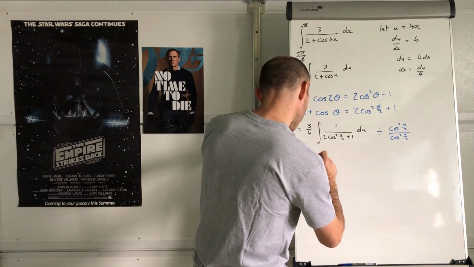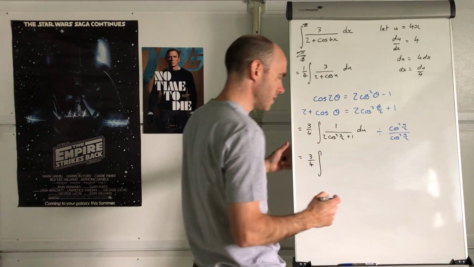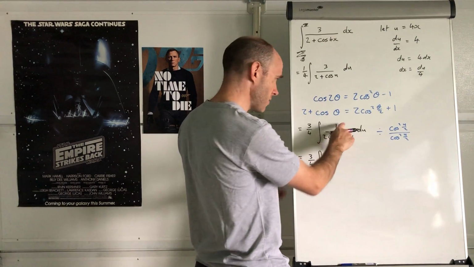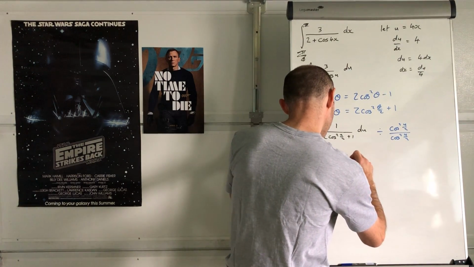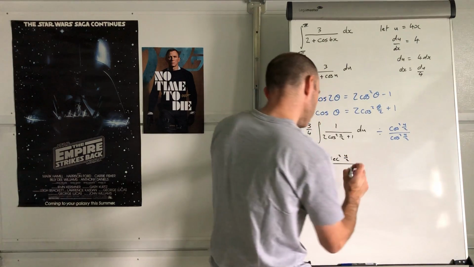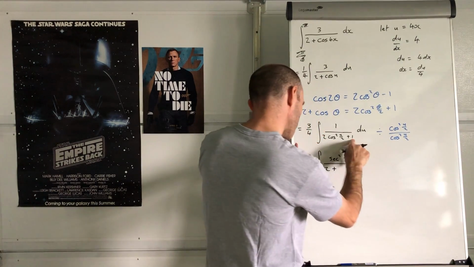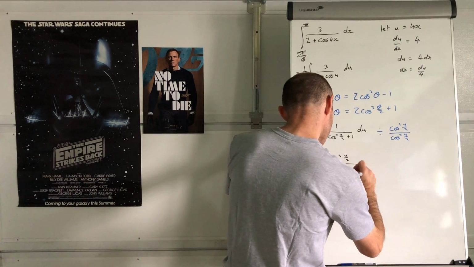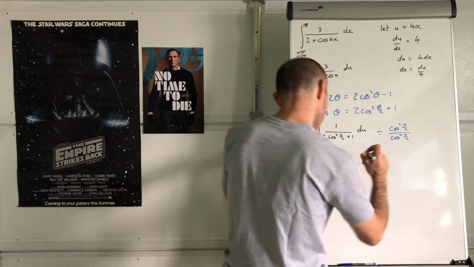And so I'm going to have 3 over 4 integral of, now divide the top by cos squared u over 2. That gives me sec squared u over 2. And divide the bottom, so that gives me just 2 there, doesn't it? And then there will be sec squared u over 2. And that's du.